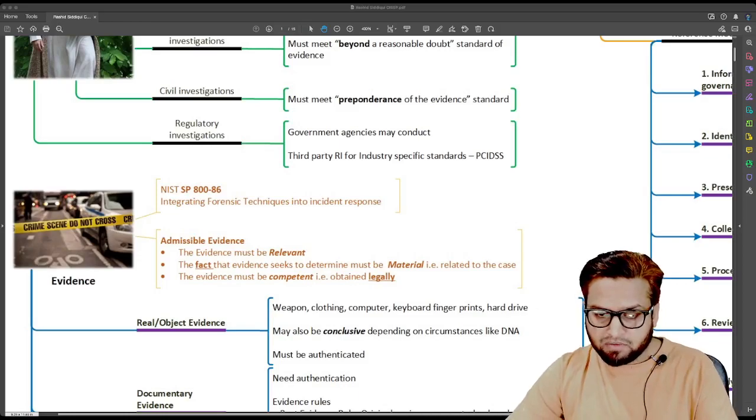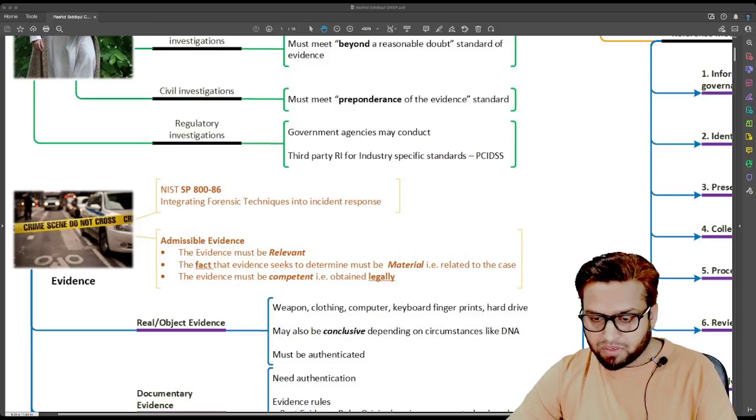The evidence must be competent, that is, obtained legally. You should not obtain evidence via some illegal way. In that case, what will happen? The case can be reversed.